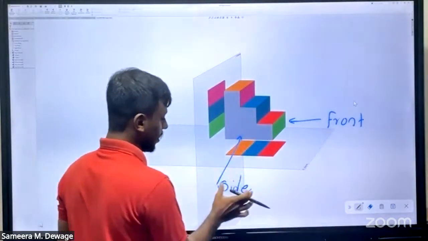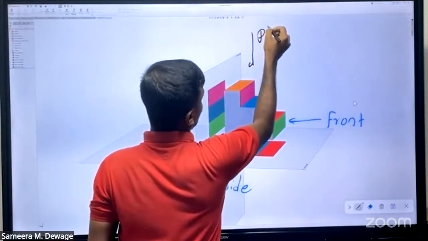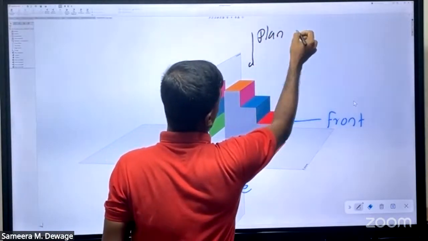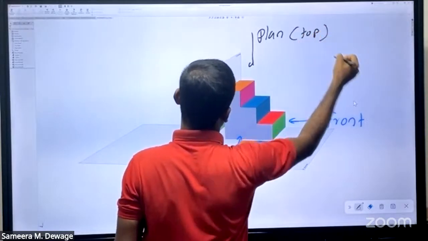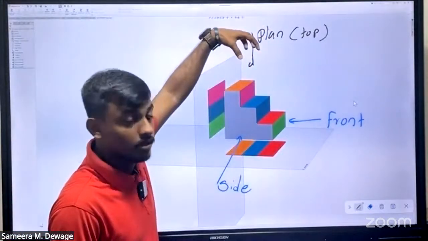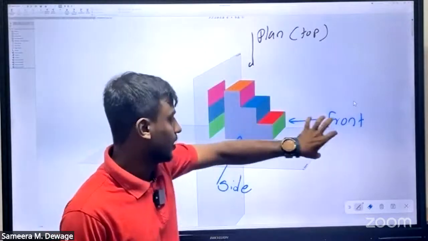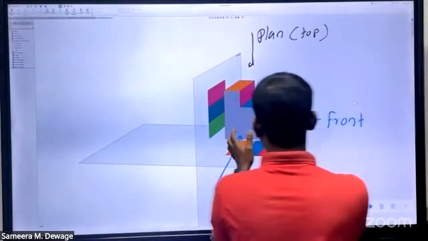Here front, and here side, and here plan or top view. So above means plan view.